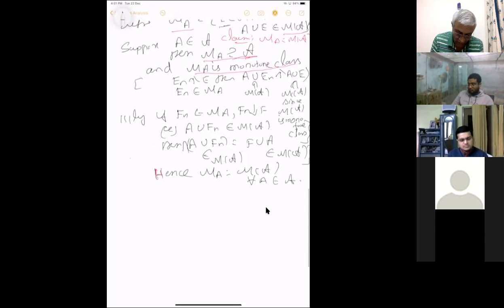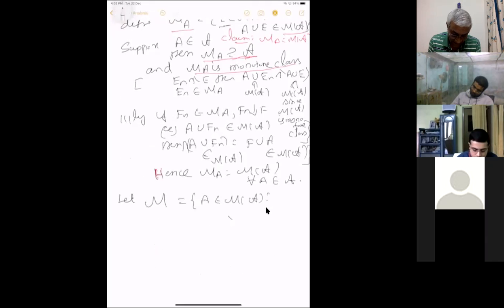Now the next claim. I am again confusing the notation, but there is not much choice. Let M equal all those A in M of script A such that M subscript A is equal to M of A. Is that clear? The statement is clear.